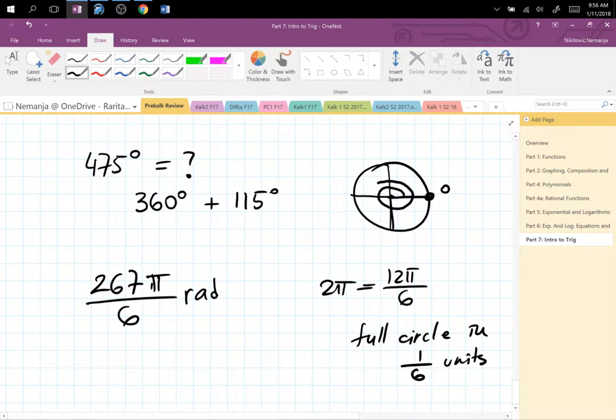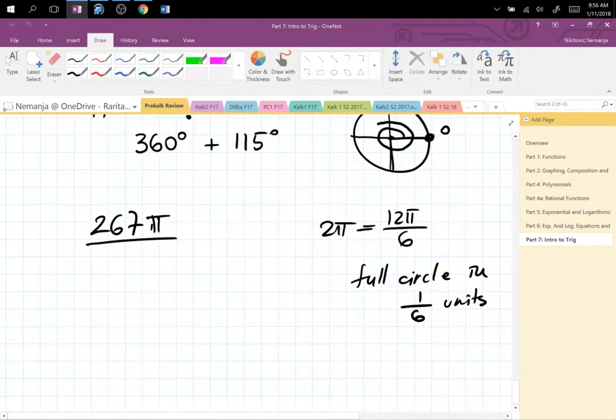If this is a 4, it would be 8 pi over 4. Whatever the denominator is, it's double to give you the full circle base. So now you clearly see, hopefully, that you are supposed to divide 12 into 267.